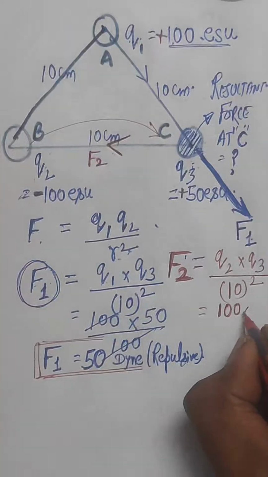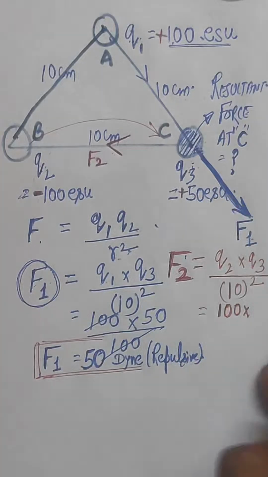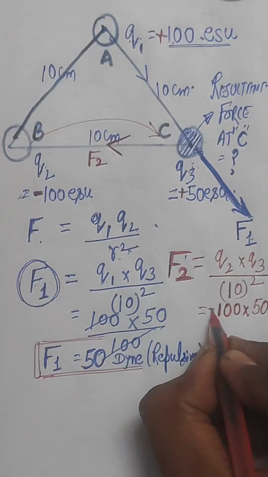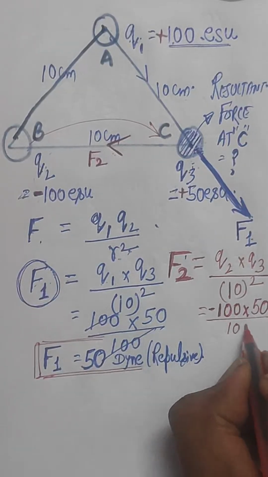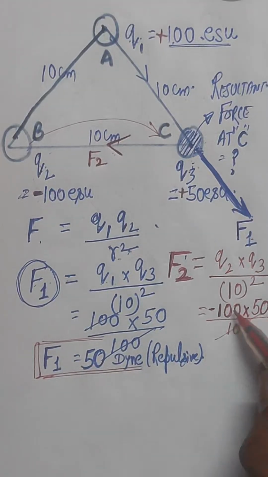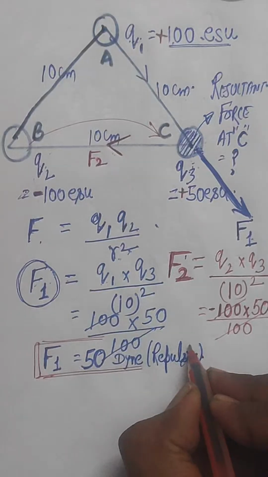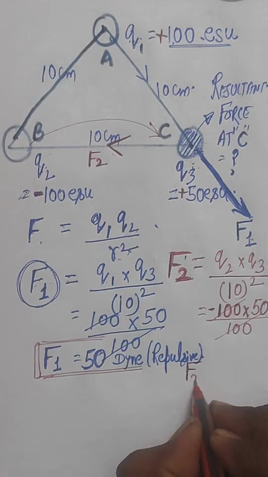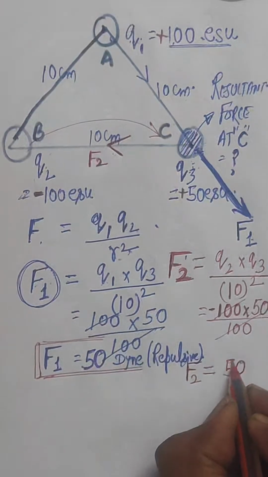So 100 into Q3. What is Q3? Q3 is 50, right? So let me write minus first over here, divided by 100. You can see this 100 and 100 will be cancelled out, and we get the value of F2 as 50 with a minus sign.